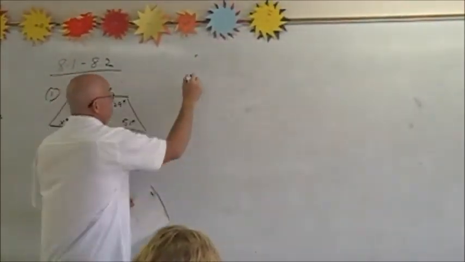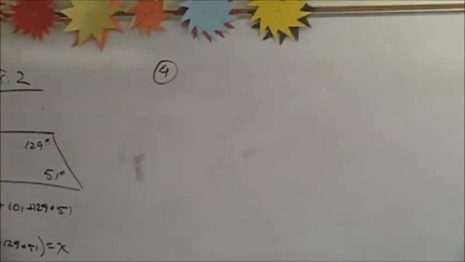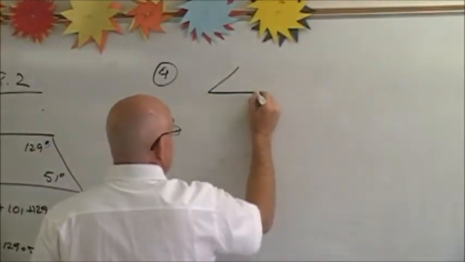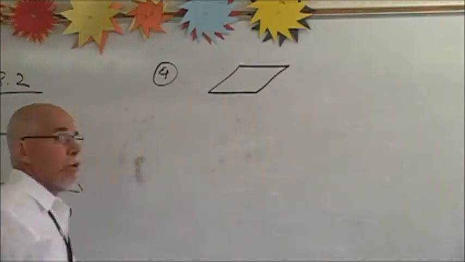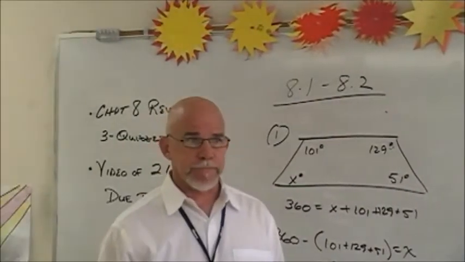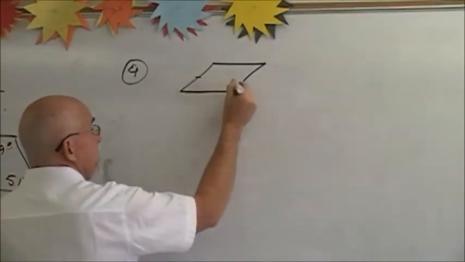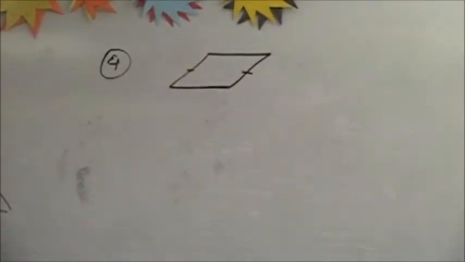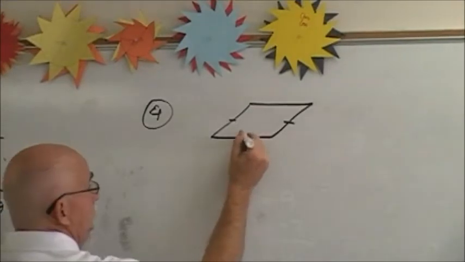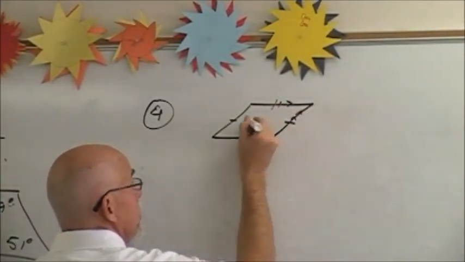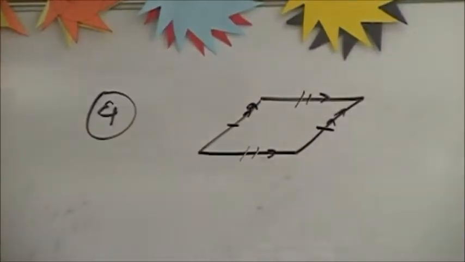In problem number 4, we learned some things about parallelograms. What did we learn about parallelograms in Chapter 8? For speed's sake, I won't wait for you to not respond. Opposite sides are the same length. Opposite sides are also parallel to each other, if it's a parallelogram.